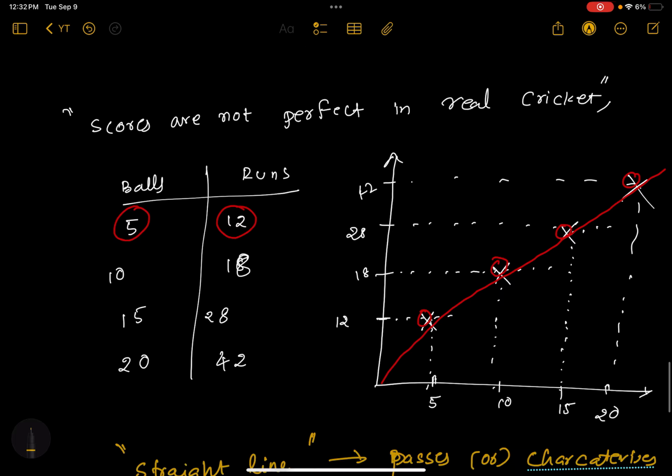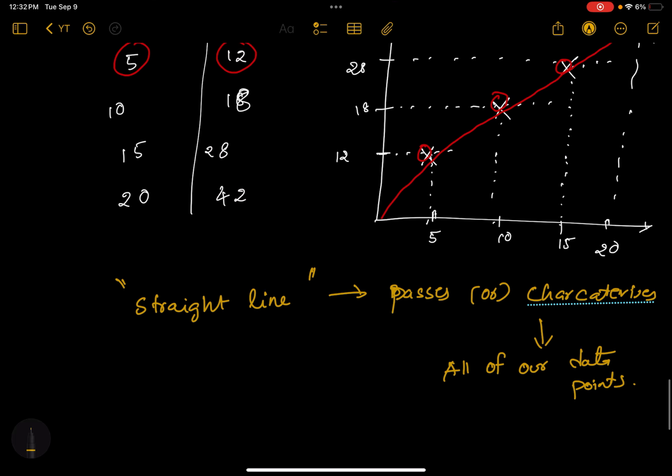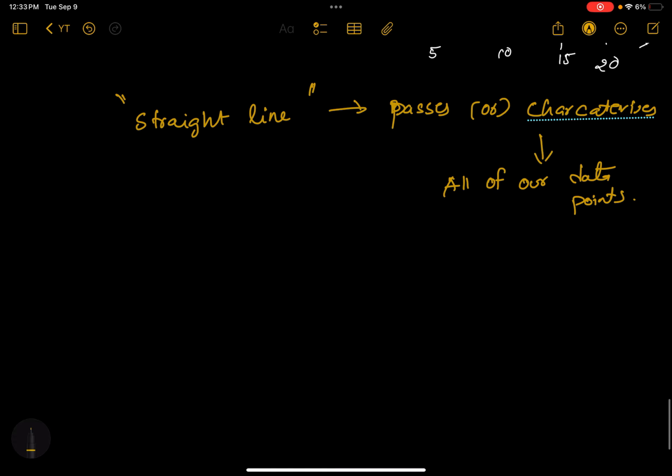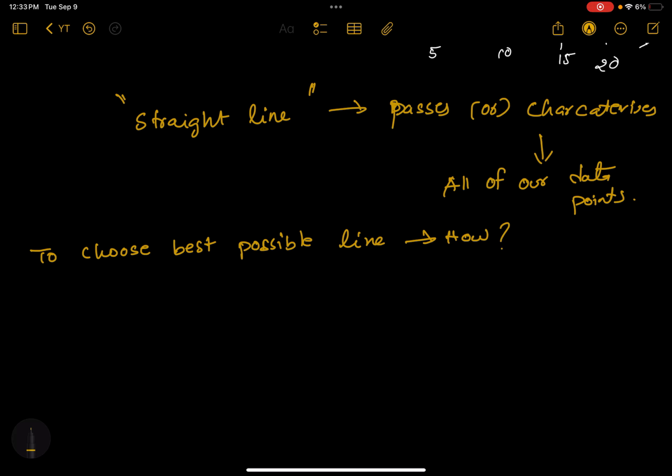So what should I do? How do I choose it? That's where the concept called errors comes in. So to choose the best possible line, how do I choose it? See, it's simple.